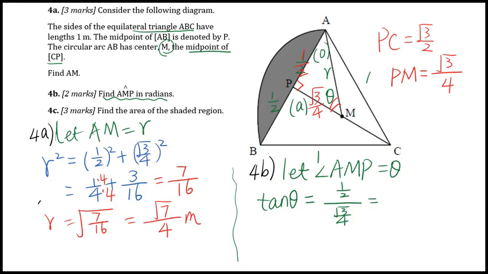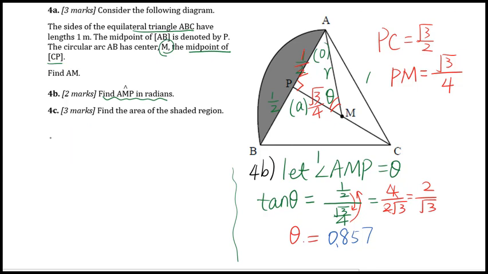This is a complex fraction, so the denominator will jump. You will get 4 over 2 square root of 3, which means 2 over square root of 3 after reducing. Then we go to the graphing calculator. So we get theta equals 0.857.